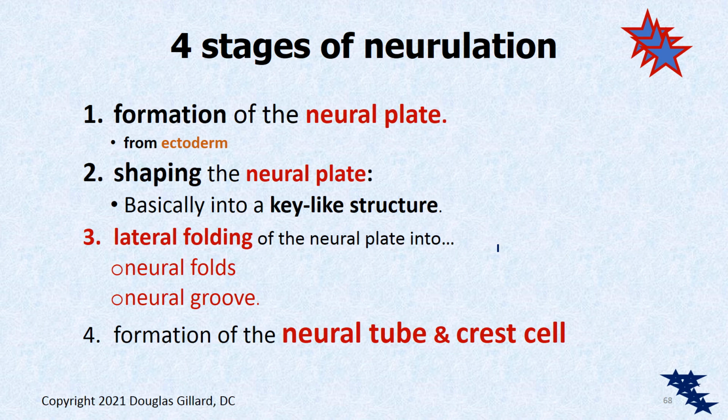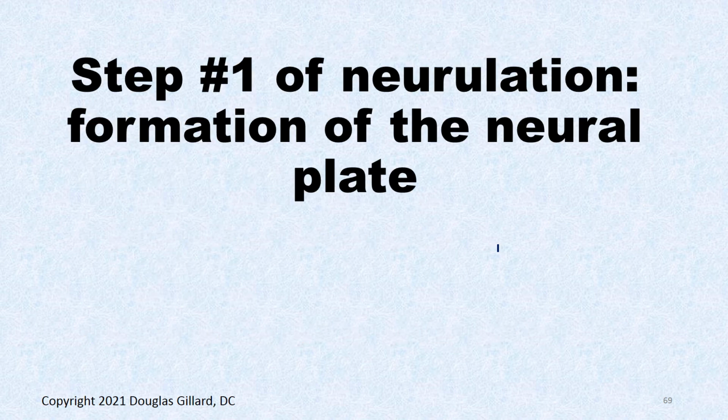We're going to do the same thing with that. We need to make a tube out of it, and then fill it in with cells, and once we've created these magical neural crest cells, it's basically done at that point. So let's get to it.